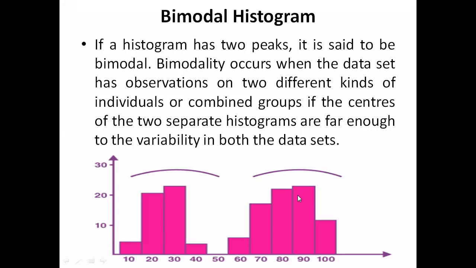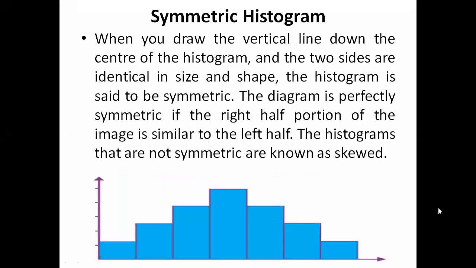And two different kinds of individuals or combined groups, you can say. This is one data set, this is the other data set, so the centers of the two separate histograms are far enough apart. Okay, so that is the bimodal histogram. That's what two types of modes we are going to show in one graph.